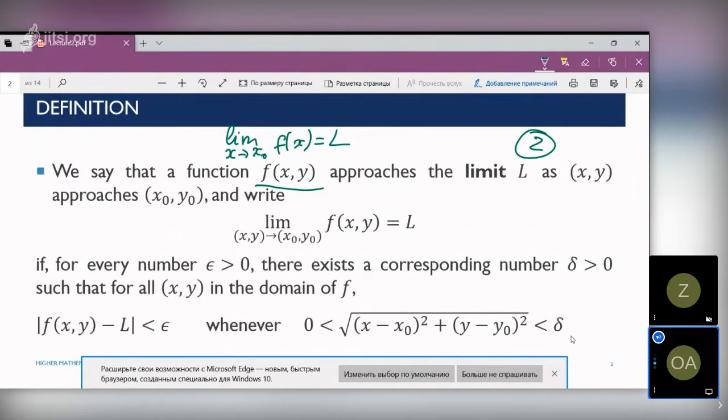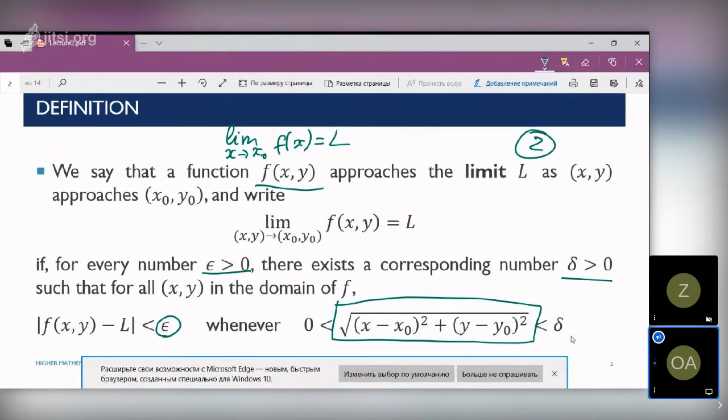And if for every number epsilon greater than 0, which is epsilon positive, there exists a corresponding number delta positive, such that for all x and y in the domain of f, these conditions hold: the absolute value of f of x, y minus L is smaller than epsilon, and this expression should be between 0 and delta.